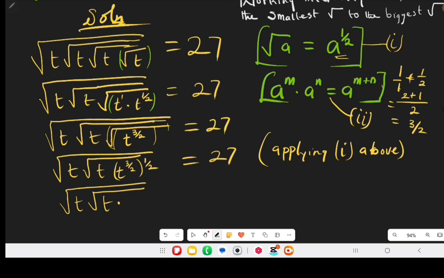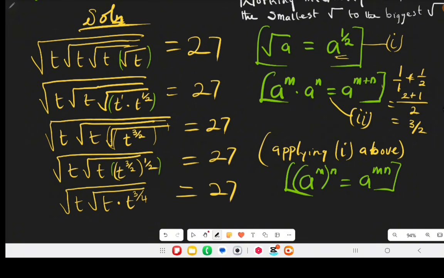In law of indices, we have a raised to the power of m, raised to the power of n, is equal to a to the power mn, which we apply here. If we multiply the power here, then we are going to have t raised to the power of 3 times 1 gives us 3 over 2 times 2 gives us 4, equals 27.